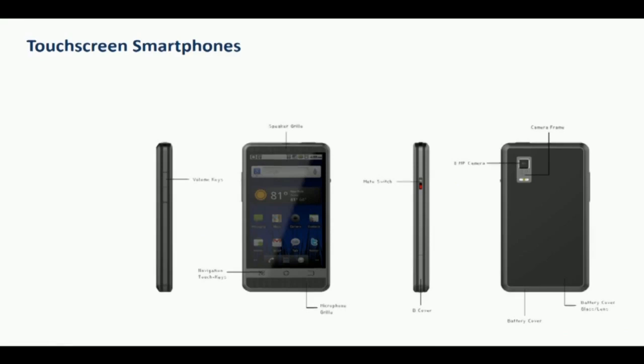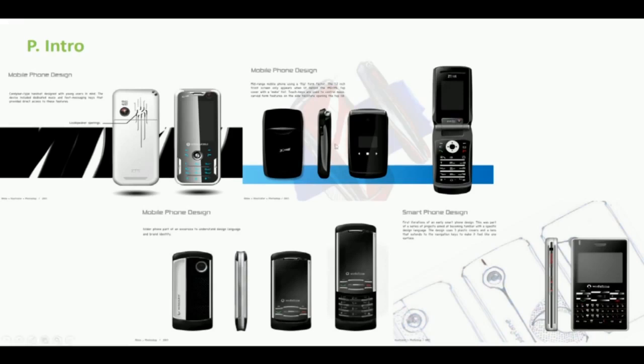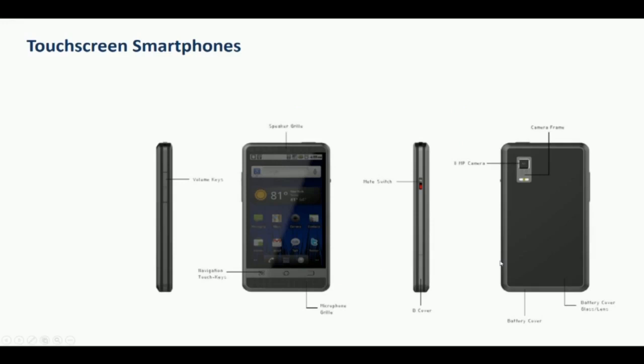As time went by, but particularly with the arrival of the smartphone, the type of design work that we as industrial designers were concerned with got reduced to the sides and to the back, because the front screens became larger and larger.